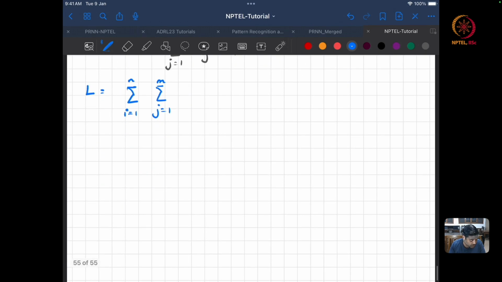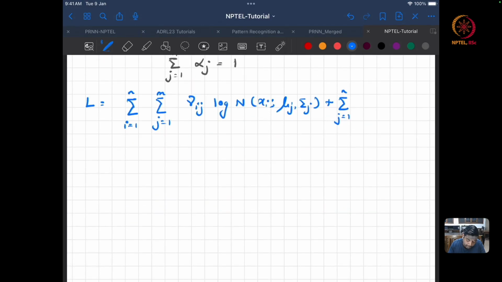So the same whole value, you just take it: gamma ij times log of xi parameterized by mu j, sigma j, plus the sum over i and j of gamma ij log pi j, plus the constraint. So this will be our Lagrangian: lambda times the sum over j equals 1 to m of pi j minus 1.